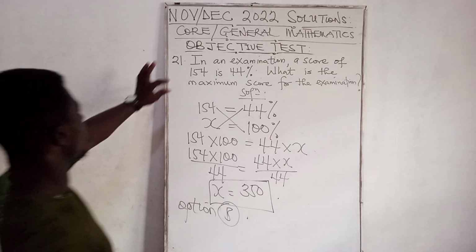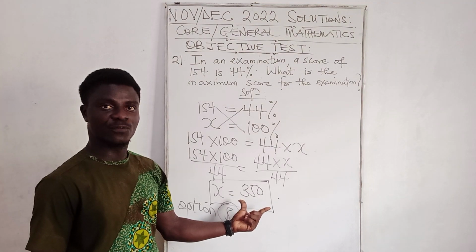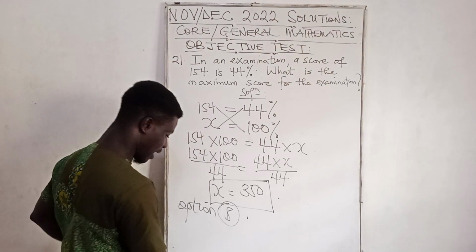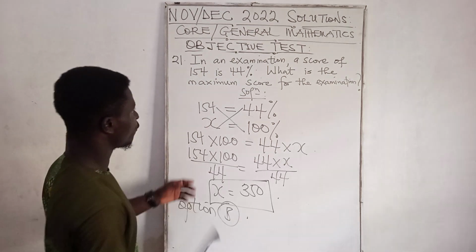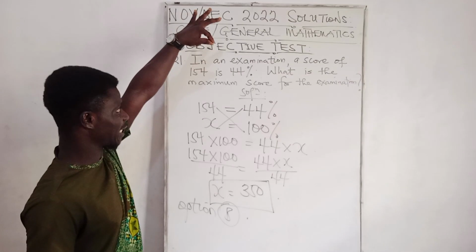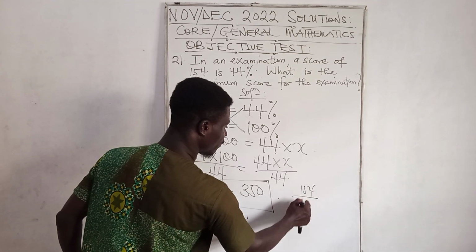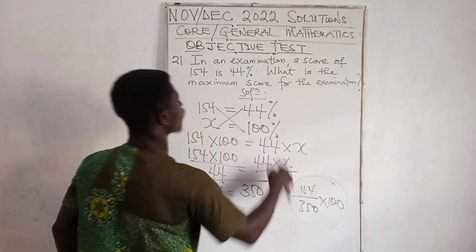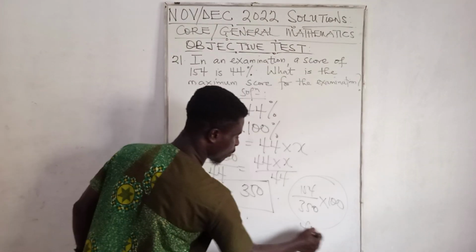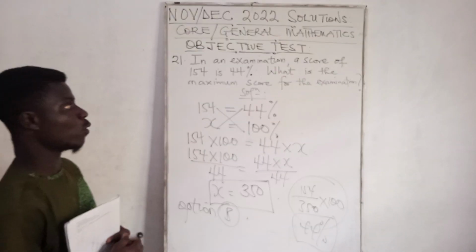So it means that 154 is divided by 350. And if you want to convert that to percentage, that's 154 divided by 350. If you convert that to percentage, you have to get back to 44%.